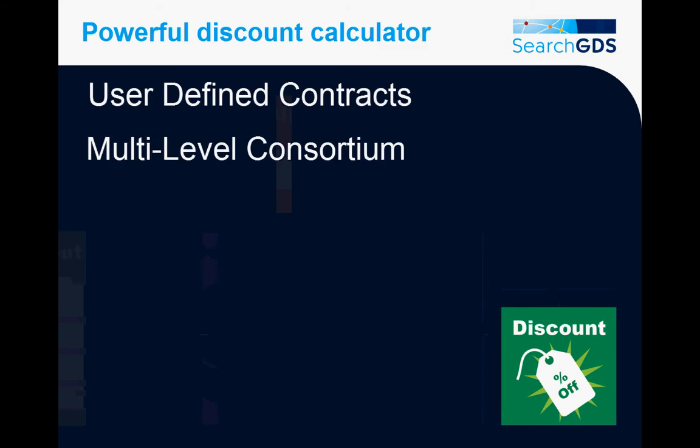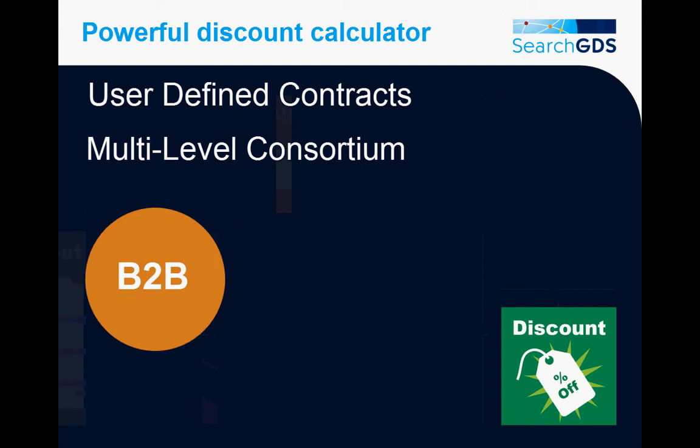There's also consortium discount in the discount calculator. Consortium discount is specifically designed for consolidators and online travel agencies. Consortium discount gives us the multi-level discount capability in our system. A consolidator can provide differential discounts to consortium agencies in our B2B system.